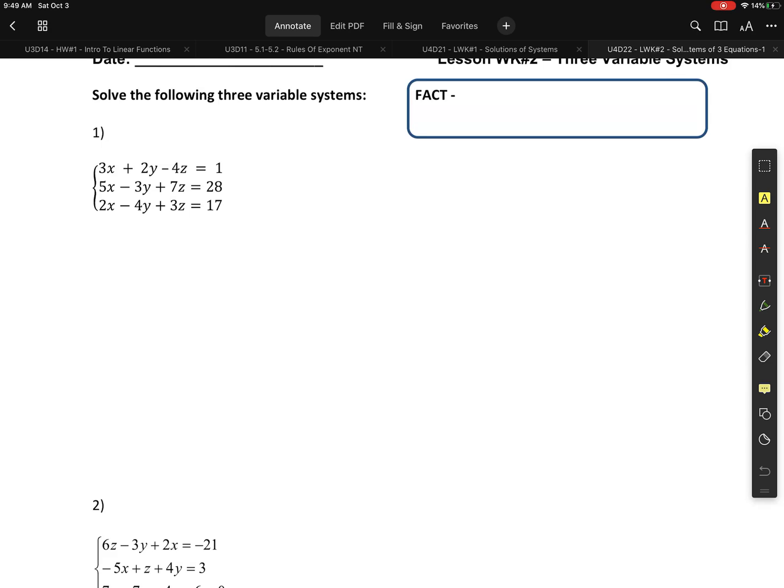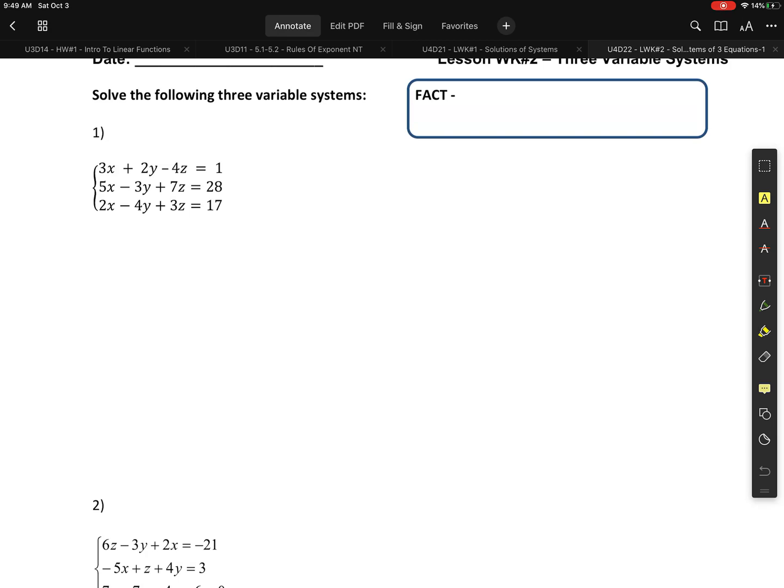Alright, 3 variable system. You know, an extra variable, double the fun here. Alright, so the situation is the exact same idea. You do elimination and you get rid of variables.